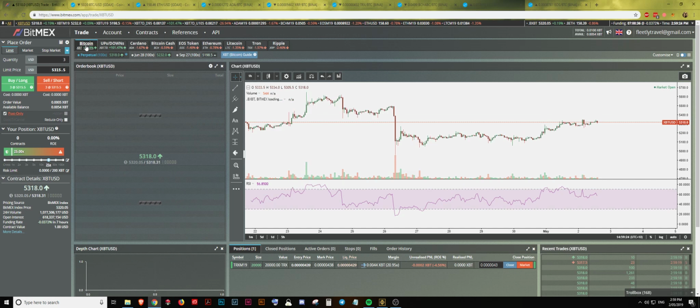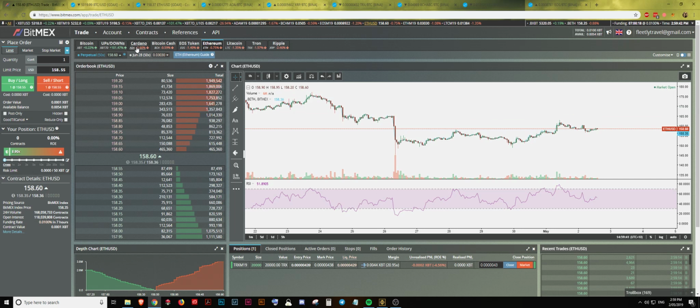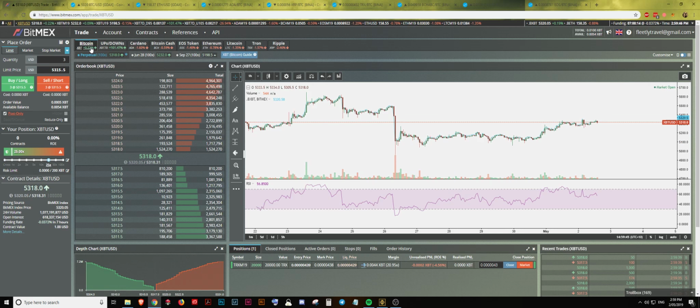And so I don't think they'll be adding any more tokens in the near future because the trading engine is at capacity until they do some upgrades, which I think they want to do by third quarter in 2019. Anyway, here are what you can trade. Bitcoin has the highest leverage. Ethereum you can do up to 50x, and other alts are 20x. So that's where you can select what you want to trade.